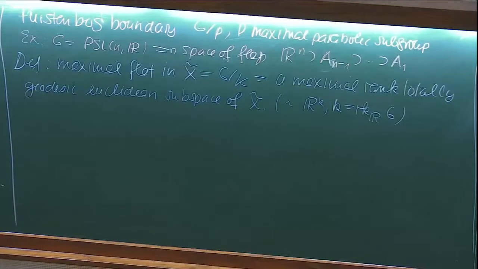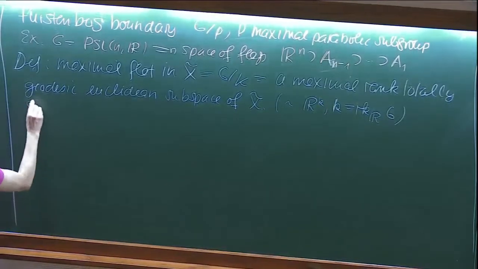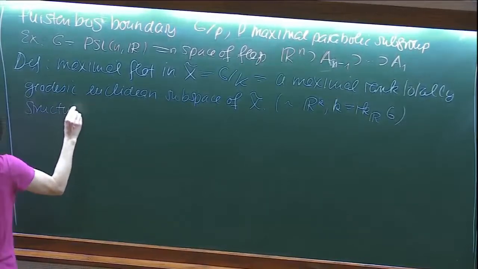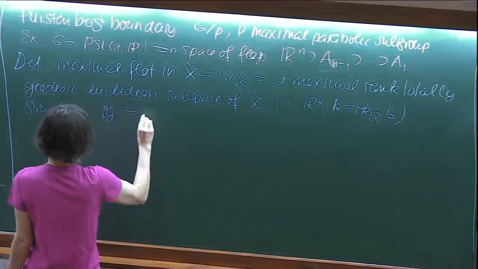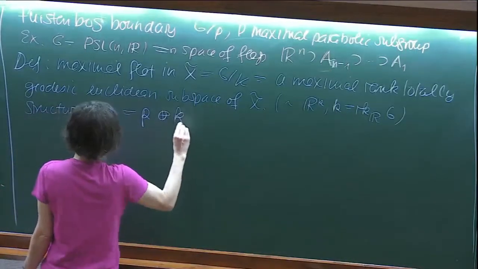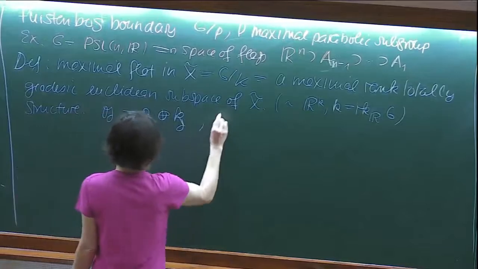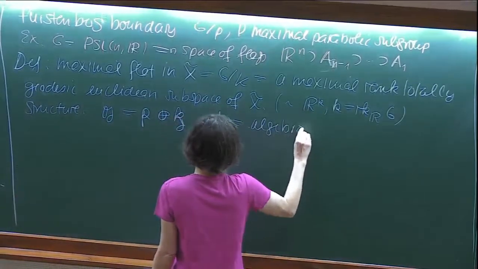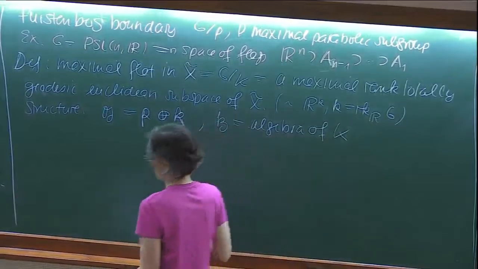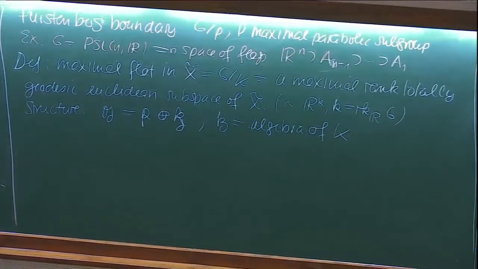So what is the structure of such a flat? Let me remind you. We can decompose the Lie algebra g of G into p plus k, where k is the algebra of the maximal compact subgroup. That's always a Cartan decomposition. And p is orthogonal for the Killing form on the Lie algebra g.